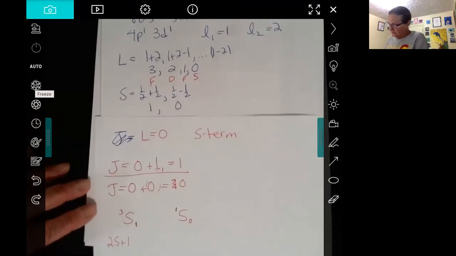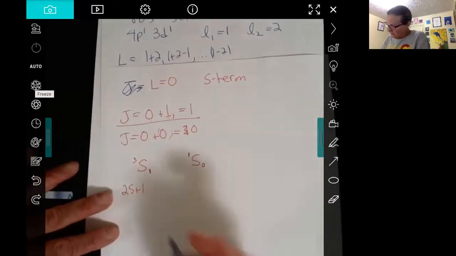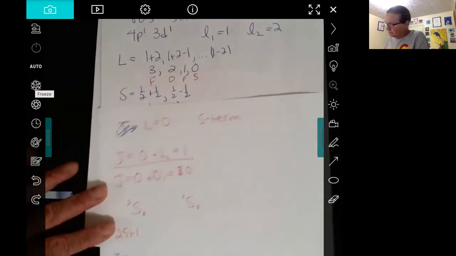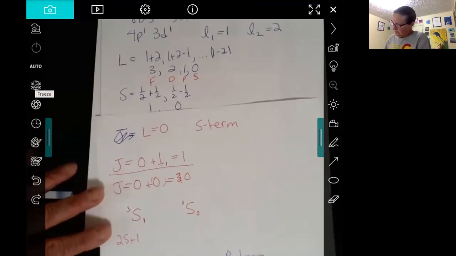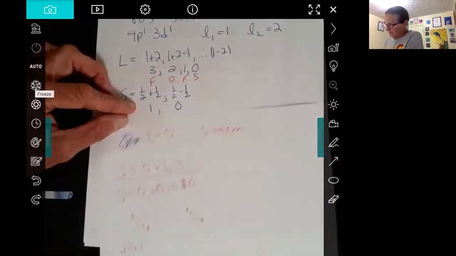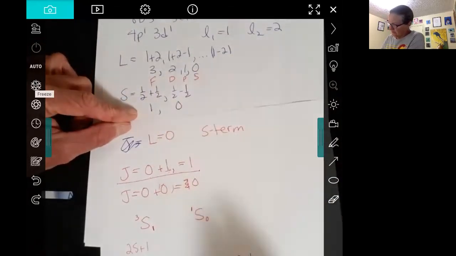Then for the P terms, we'll couple it to each. For each of the P terms, they can couple in different ways. It can couple with this spin of 1.